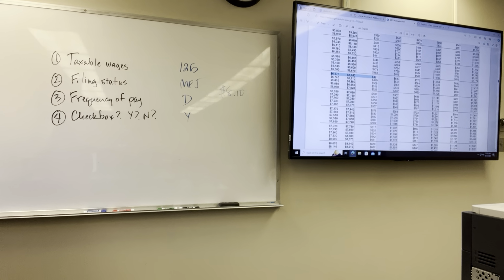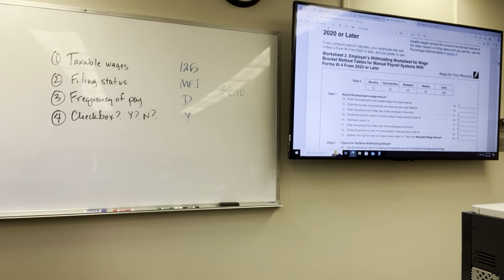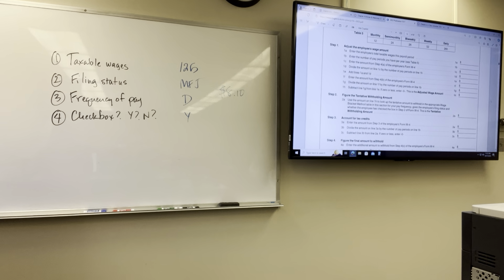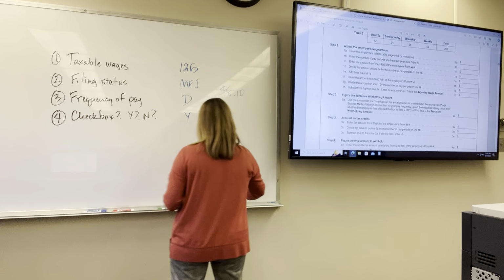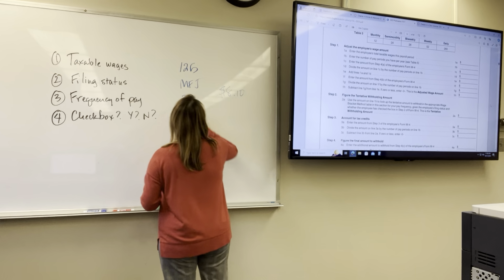Before I go to the percentage method, I want to look at this, because it can be helpful to you if you forget how to do it. Any questions before I move on? Make sure your professor has posted the right year, or you have to look it up on the IRS website.